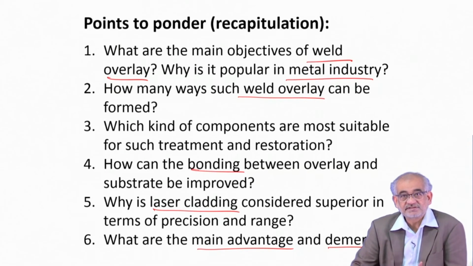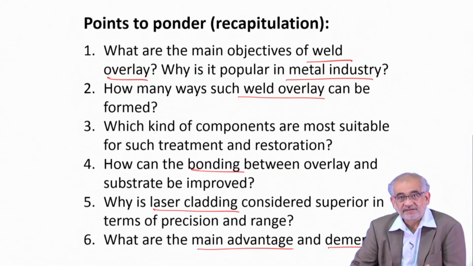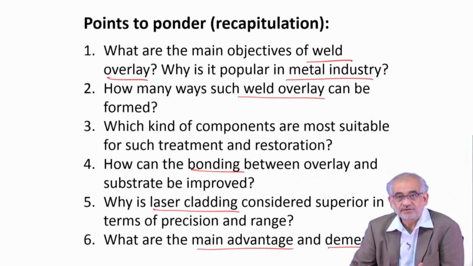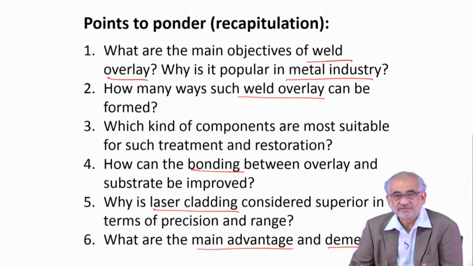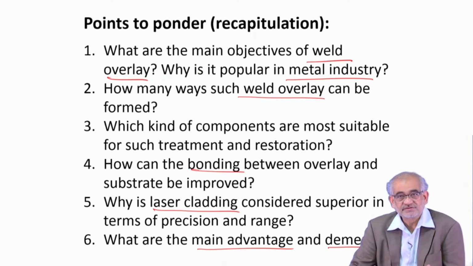Also, if there is a possibility of reaction and formation of brittle layers, then one has to be careful, because for example, if you want to overlay aluminum on iron, then you cannot do it, or you'd rather not do it directly, because then this overlay will have a lot of intermetallic aluminide phases, which is going to make the overlay extremely brittle. So you have to select the right kind of materials and make sure that they mix well and they bond well.